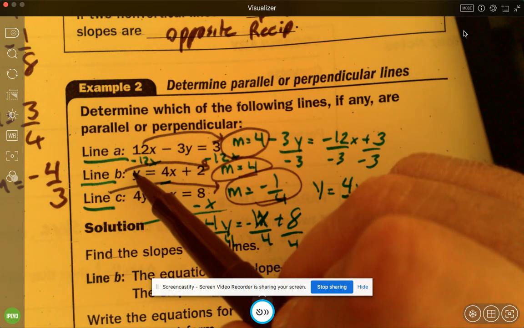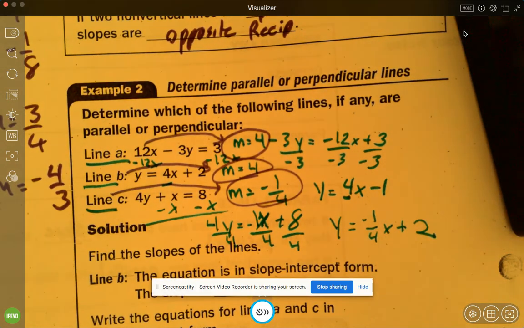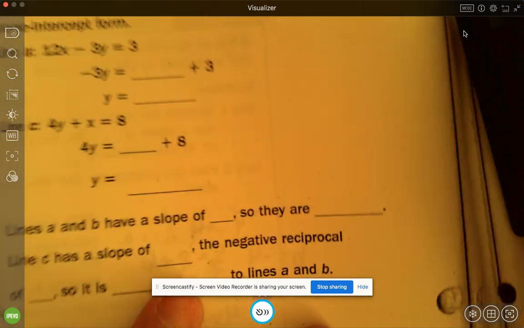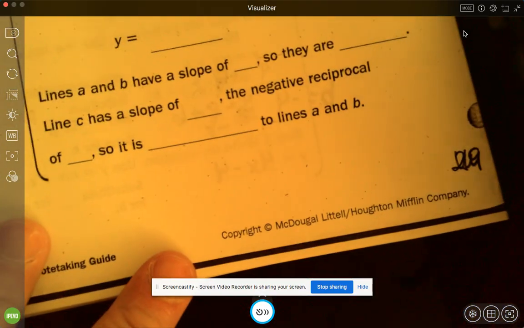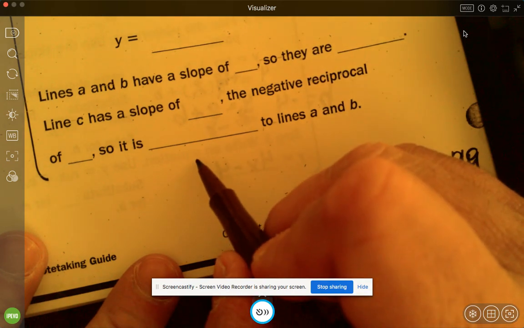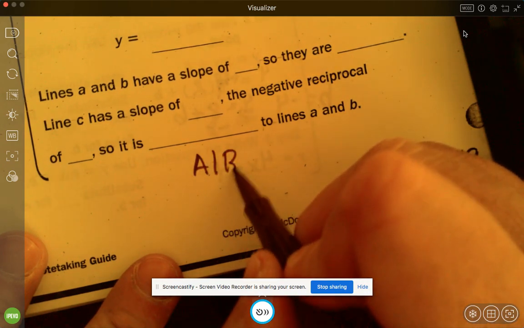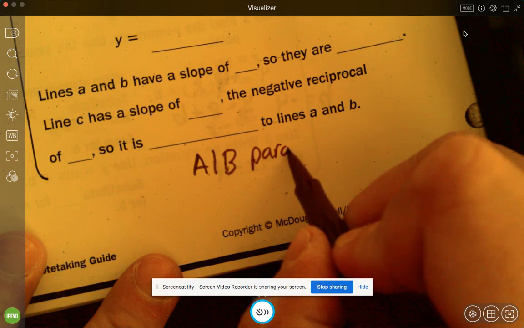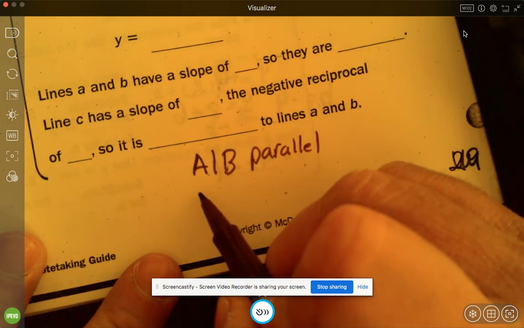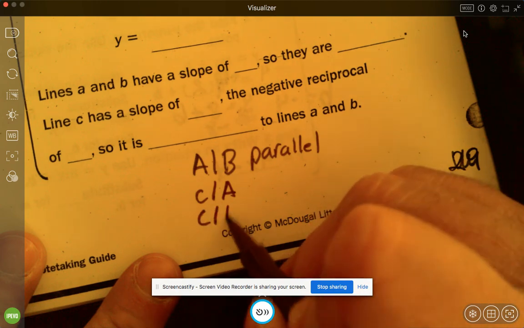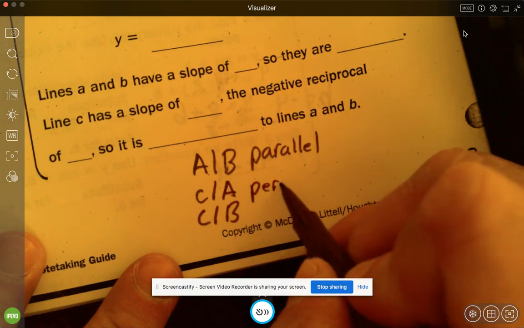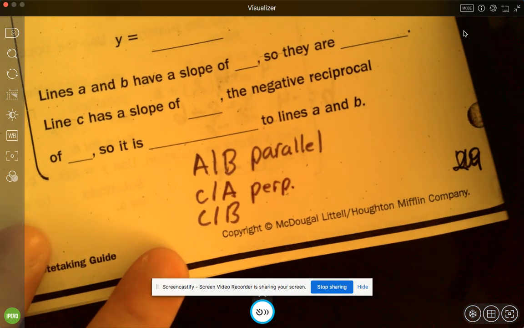So it would be perpendicular to B and perpendicular to A. So I'll just put it at the bottom, since I totally didn't use any of the lines here. A and B are parallel. And then I would put C and A and C and B are perpendicular, like that.